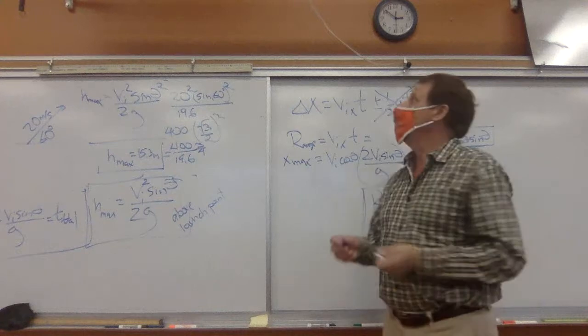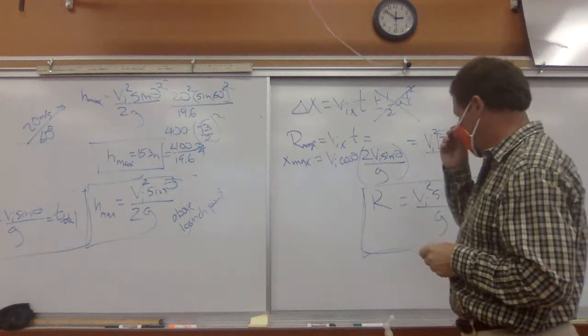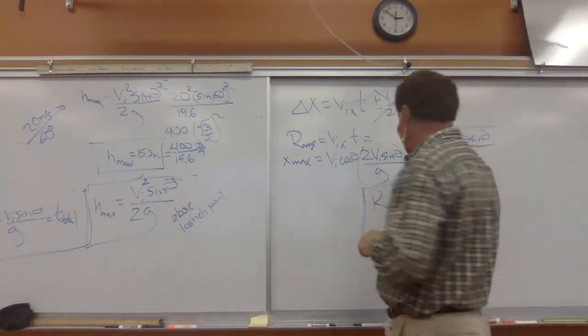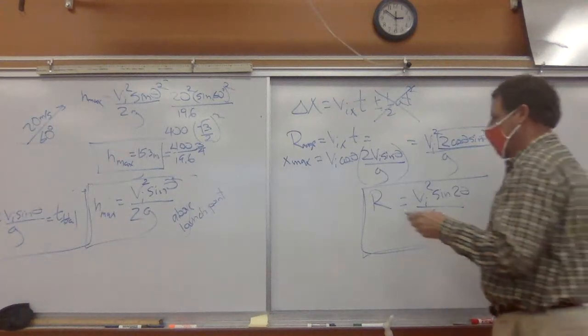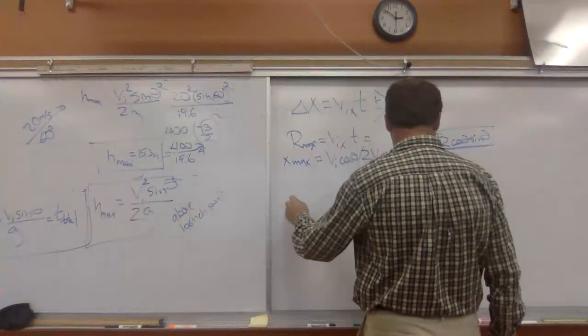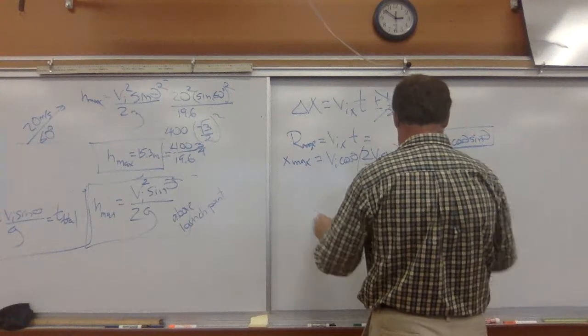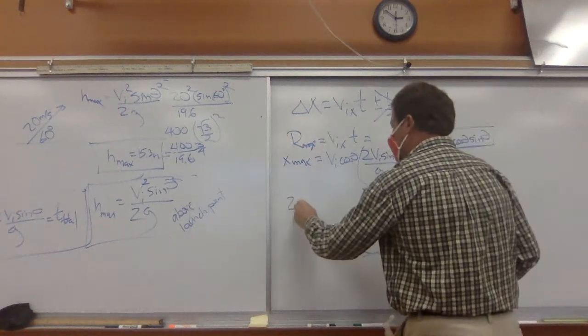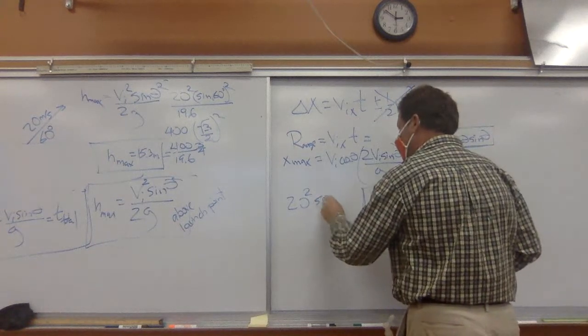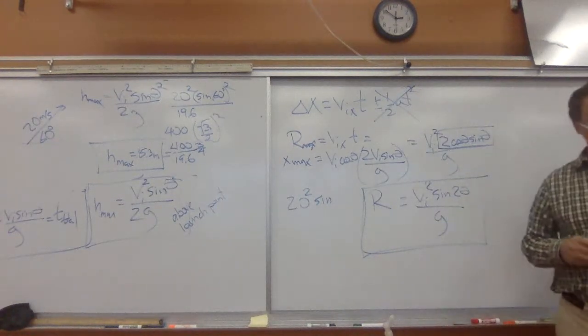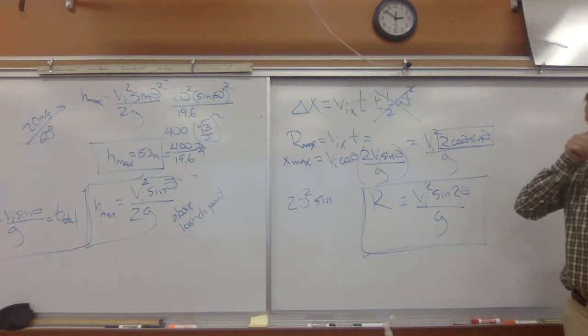So that makes it pretty easy. Now let's come in here and do this equation right here. Vi squared, so that's going to be 20 squared times the sine of 2 times 60.